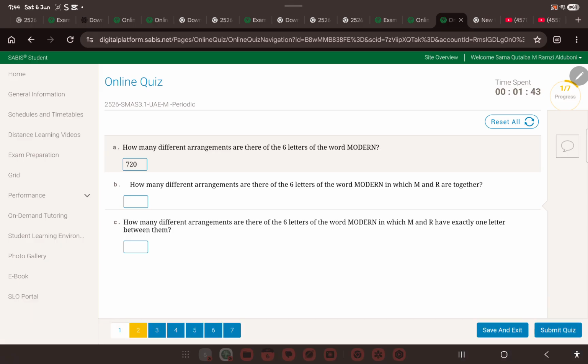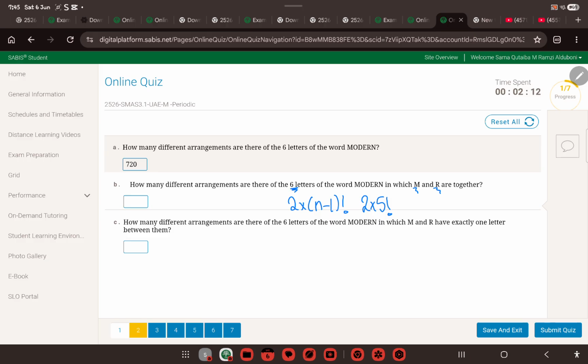In how many arrangements are there of the 6 letters of the word modern in which the M and R are together? There is a formula. If these two letters are different and they're together, you should do 2 times, since they can be flipped, times n minus 1 factorial, and n is equal to 6 in this case, so we do 2 times 5 factorial.